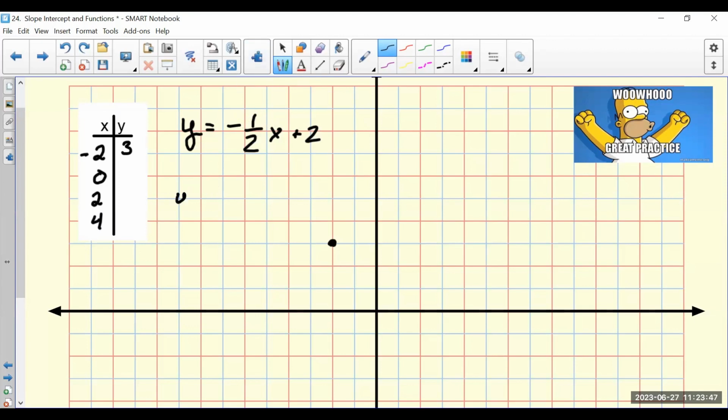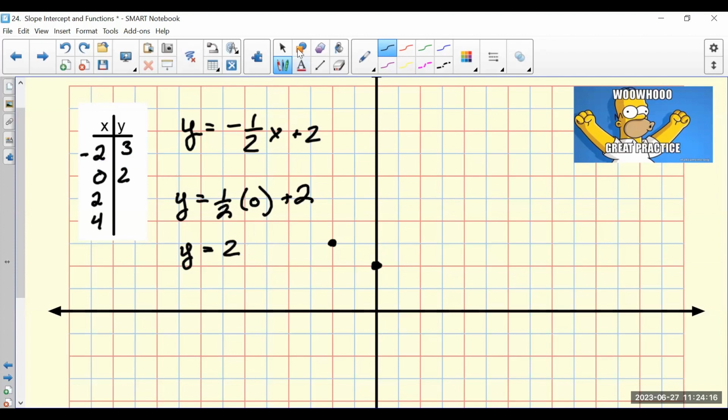This is going to be easy because y equals -1/2 times 0 plus 2. Well, that's going to be 0. So y equals 0 plus 2 is going to be 2. So now we have a point at (0, 2). So over 0, up 2. Okay, x, y on the coordinate grid.